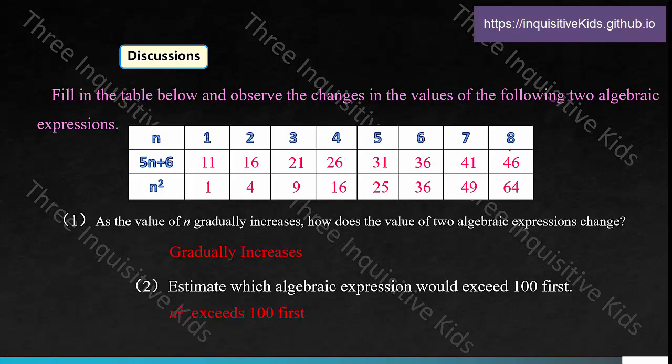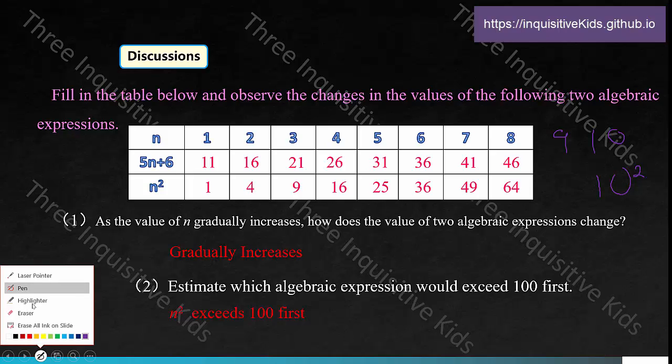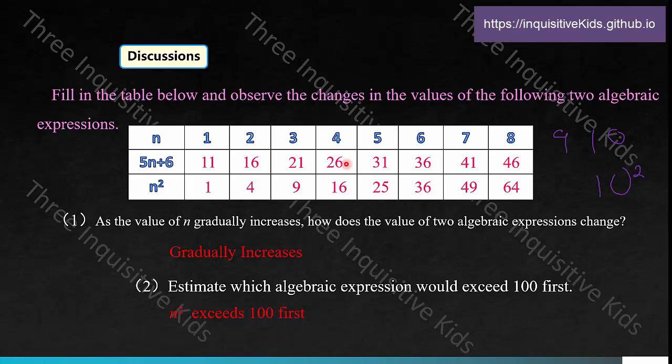If you keep going on, it's just 2 more values until you get 10 squared, which would be 100. It's only 2 more values. And this one, as you can see, is not as quick as n squared either. As the values get bigger, they're going to be multiplying themselves 2 times, so it would be bigger along the way.